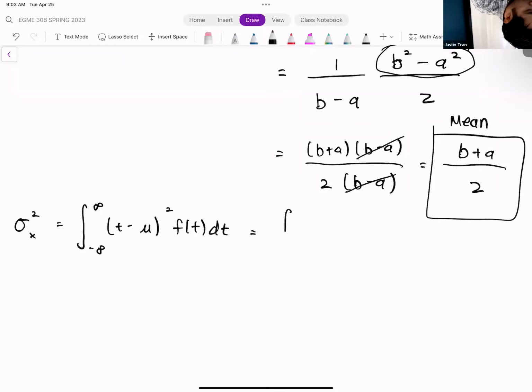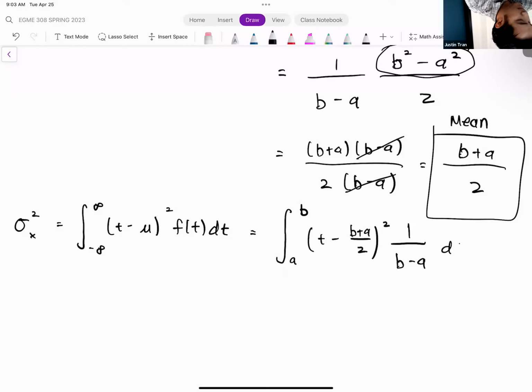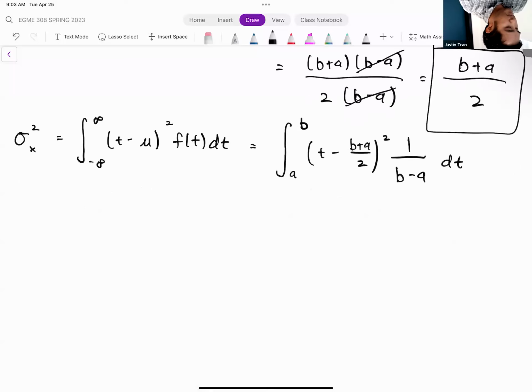Our bounds are going to be from a to b. We're going to plug in t minus the mean, b plus a divided by 2, squared, times f of t, which is 1 over b minus a. Let's go ahead and simplify this.